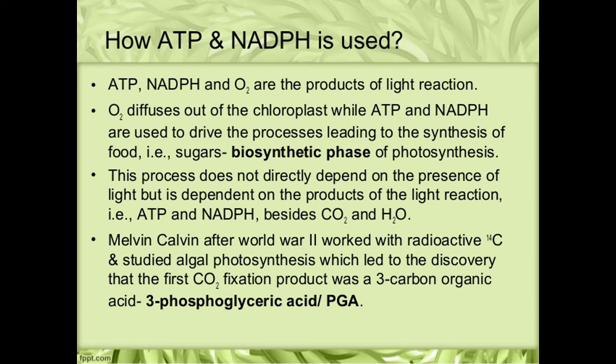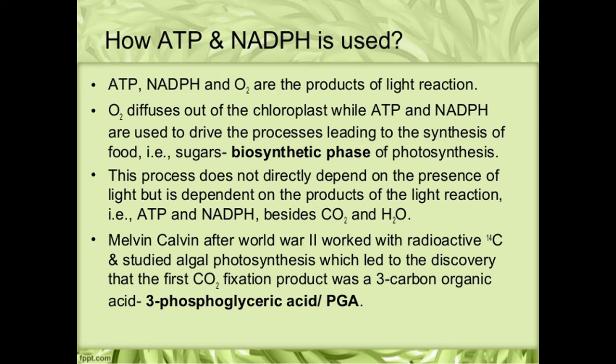Okay. So Calvin and Benson were able to establish the path of the carbon assimilation, and it is named as Calvin cycle, the photosynthetic carbon reduction cycle. For this significant work, Calvin was awarded the Nobel Prize in 1961.